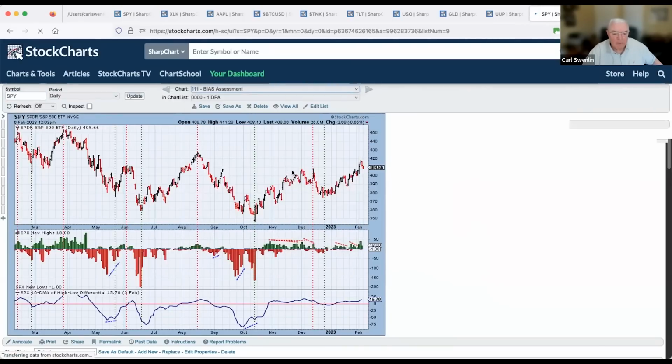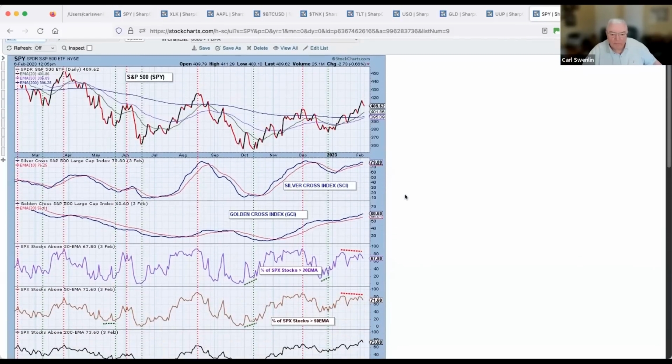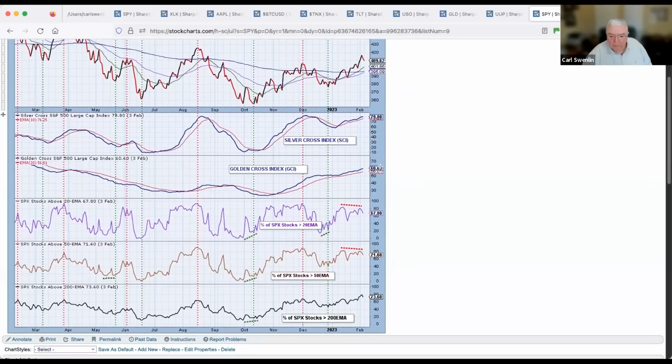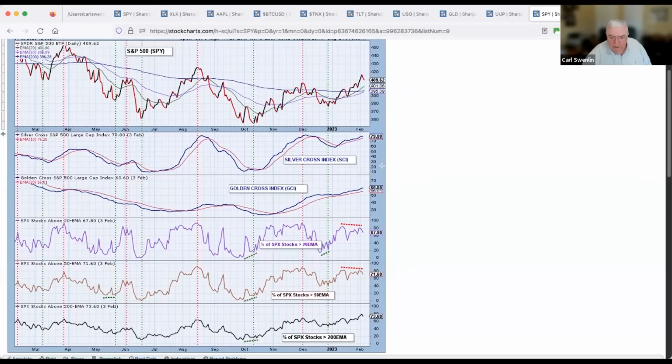Bias assessment. This is a very important chart for us. Excuse me, Silver Cross Index is a percent of stocks with a 20 EMA above the 50 EMA. We're at 79, almost 80% on that. Now, looking at the potential for going higher, there really isn't.